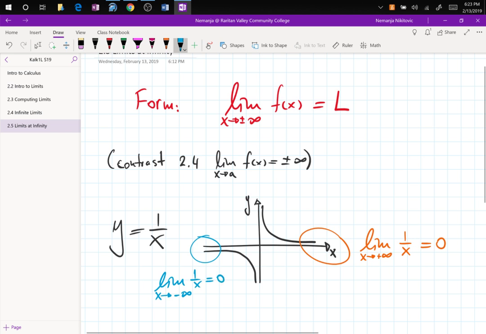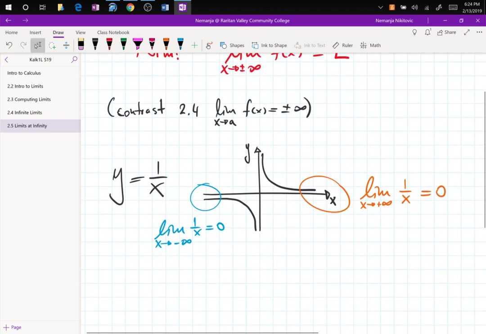On the blue side, it's climbing up to 0, so the y values are climbing up from negative whatever they were to 0, and on the orange side, they are falling into 0 from higher y values. And that's it. That's the lecture on limits at infinity. The limit at infinity could be settling down to a value, and in this case that value is 0.